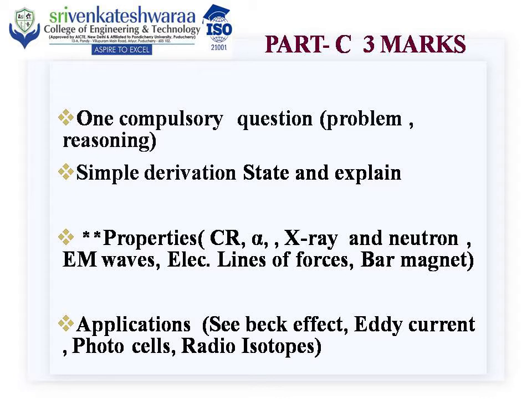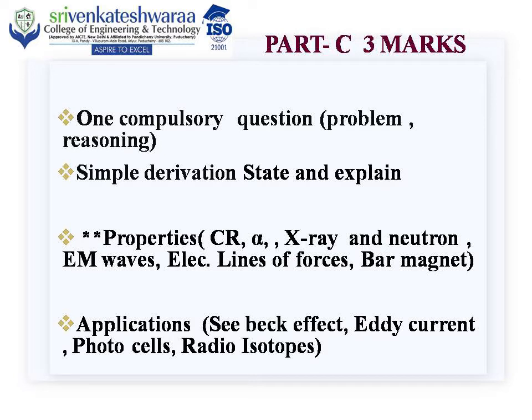And the application part. What is the Seebeck effect, eddy current, photocells, radioisotopes. So you need not elaborate all those things. For example, in case of properties, that is a 3 mark question, no? In your book it may consist of a minimum of 6 to 8 points, right?